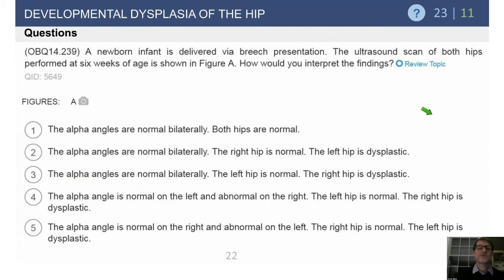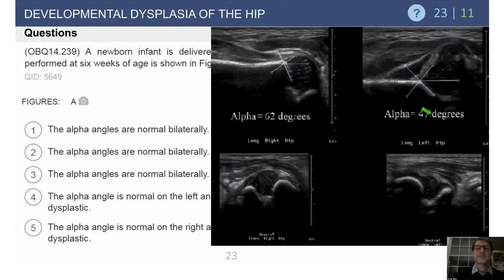So here's another question. This is a child born by breech presentation. Again, a risk factor. The ultrasound of both hips was performed at 6 weeks of age. How would you interpret these findings? Here is one hip, and you can see here's the femoral head, here's the lateral acetabulum, and here's the ilium.